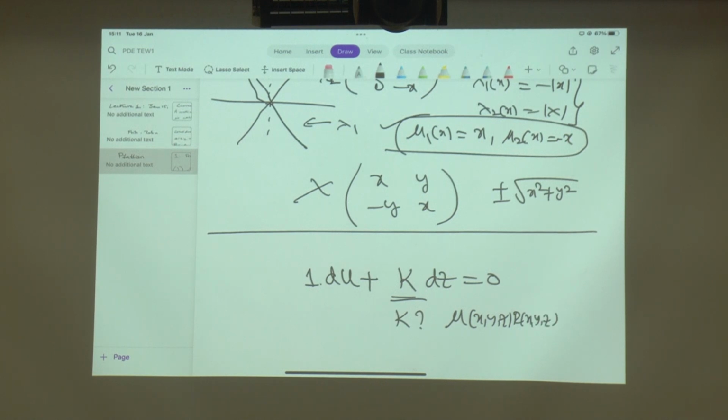This is mu r minus dou u by dou z, which again depends on xyz. So this is not a Pfaffian in two variables. If it were, we are done.